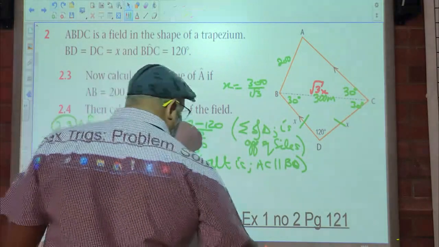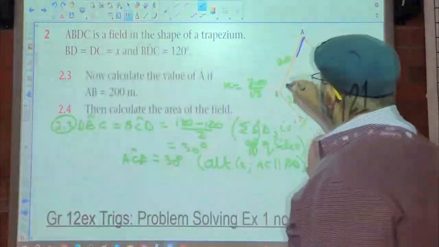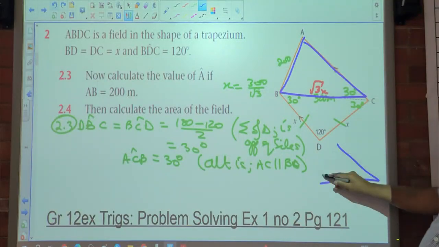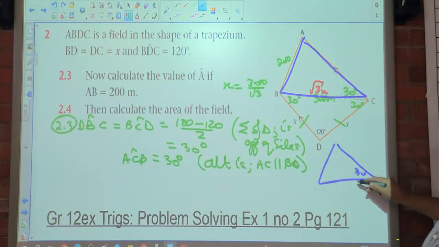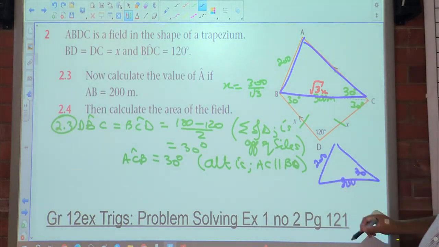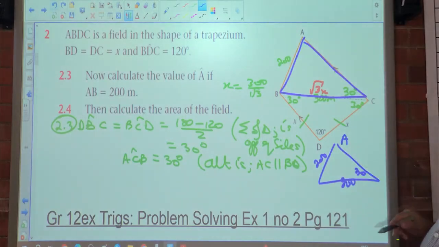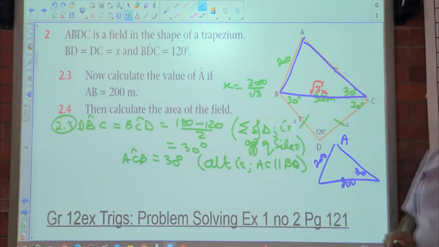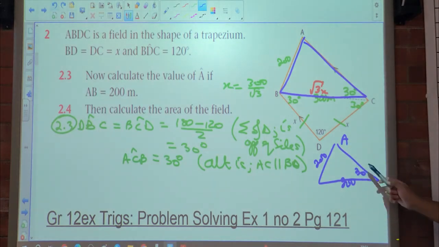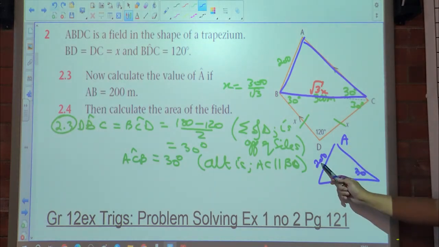So now we've got a triangle looking like this. So that is 30, that is 300, this is 200, and they want you to calculate A. Not so? So what do we say? Sine of A over 300 is equal to sine of 30 over 200.